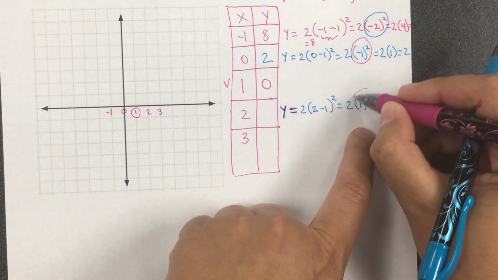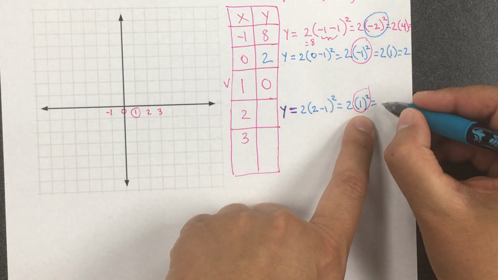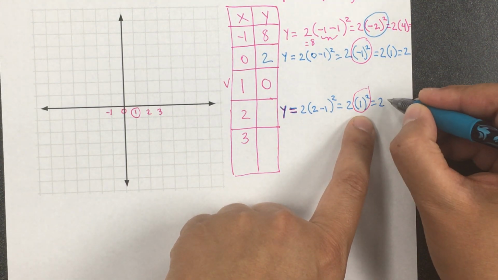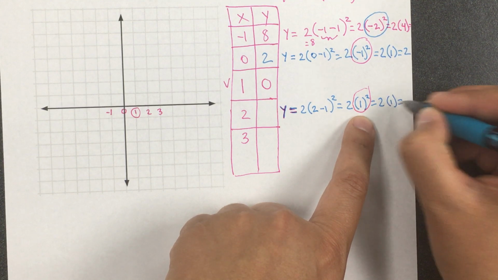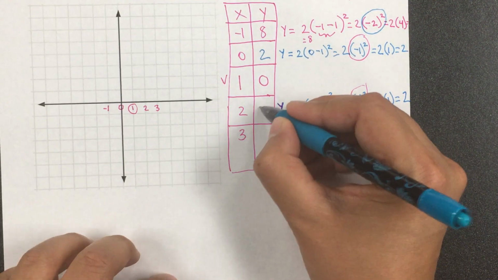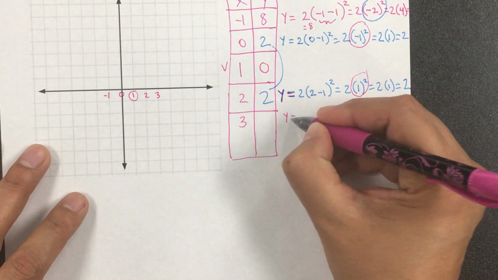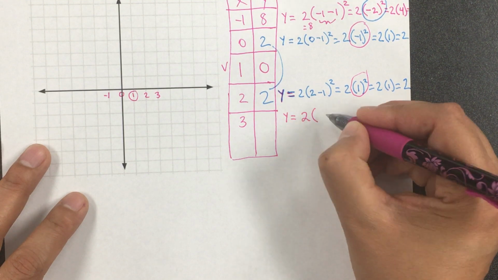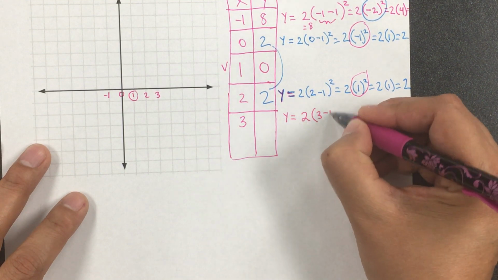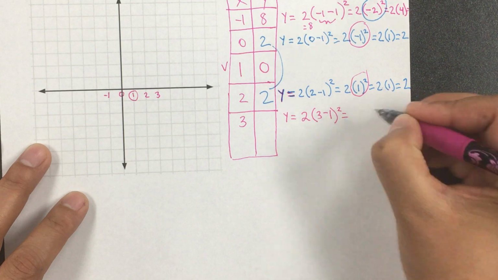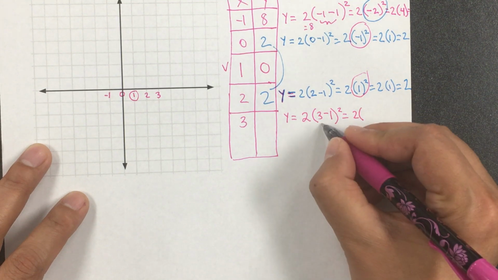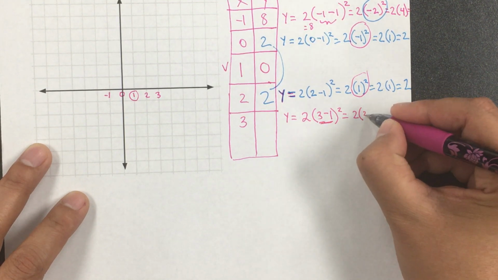I do the exponents first, and so it's 2 times 1 times 1 is 1, and 2 times 1 is 2. Notice how these are the same. And the last one is y equals 2 times 3 minus 1 squared equals 2 times 3 minus 1 is 2, squared.